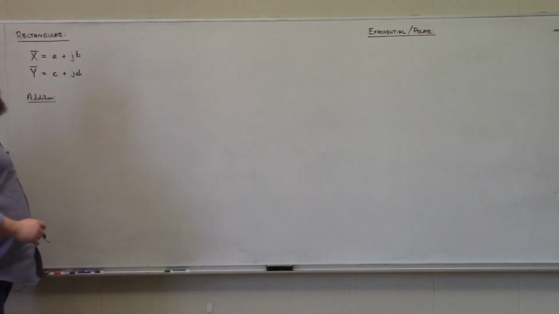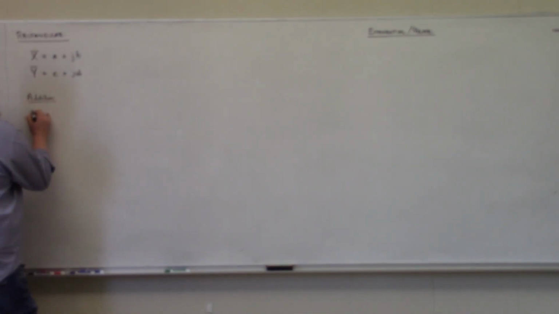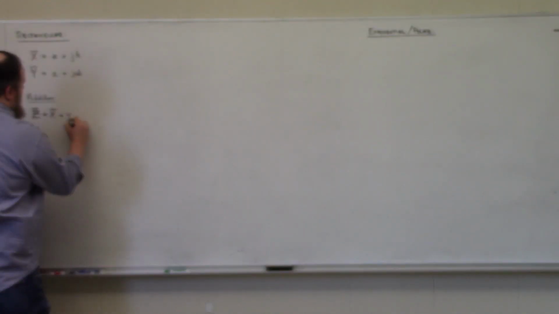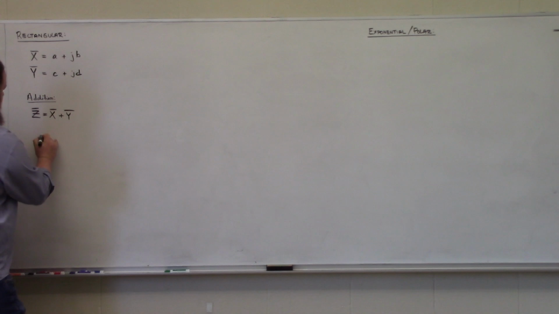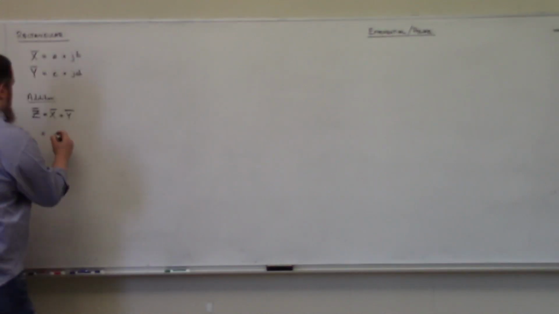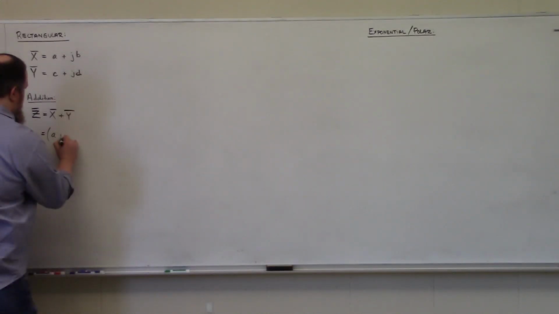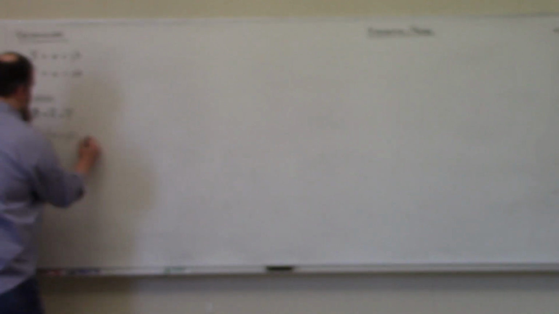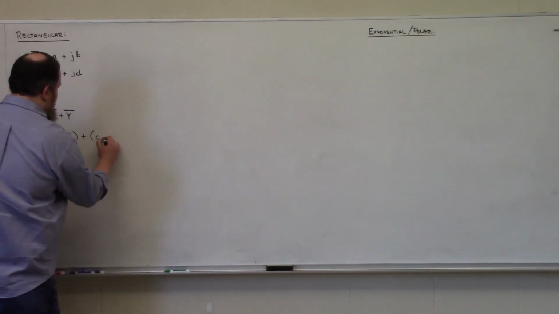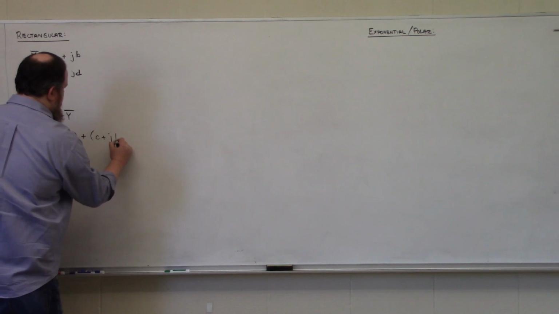So to add two complex numbers together, let's define a complex number z as complex number x plus complex number y. Substituting in, we would have a plus jb plus c plus jd.